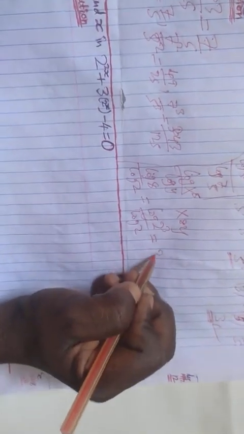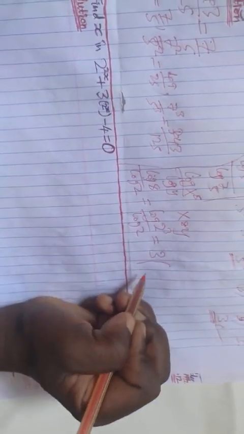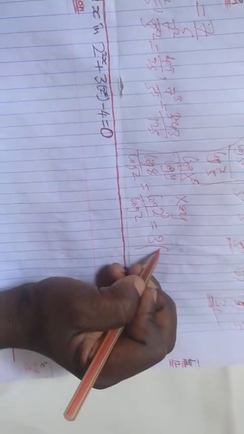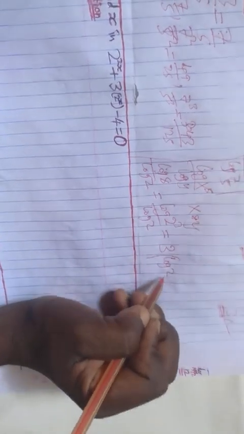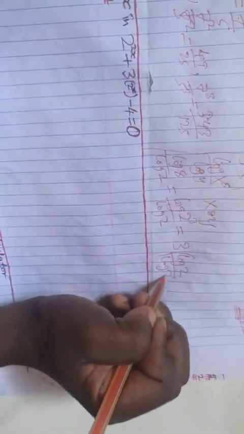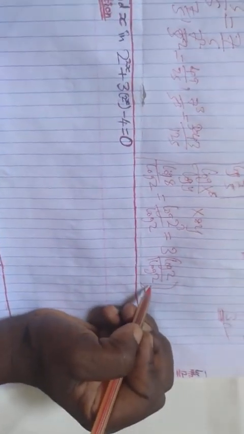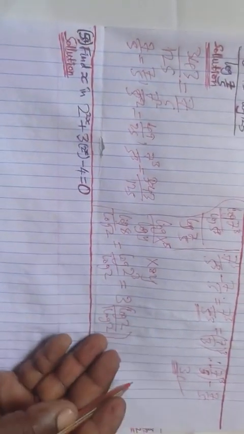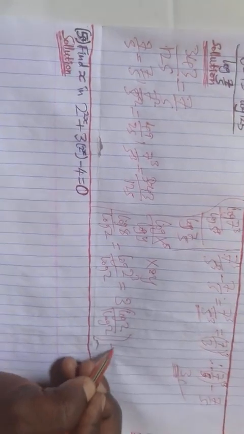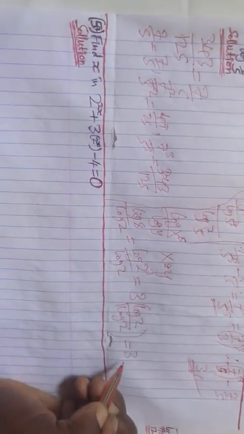This will be 3 in brackets, log 2 over log 2. Hence, if the logs cancel, we are going to remain with 3.